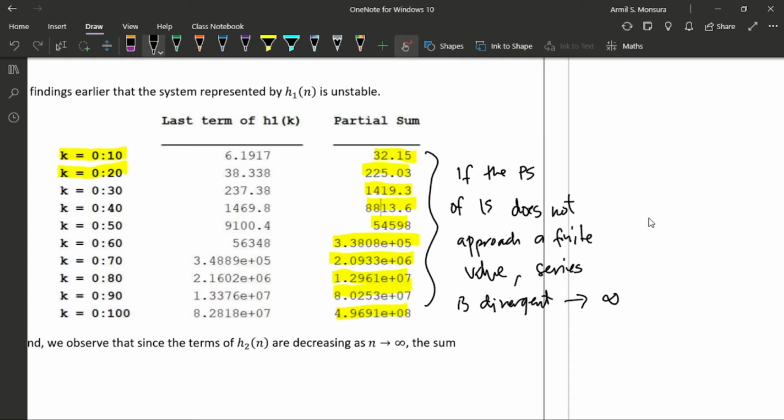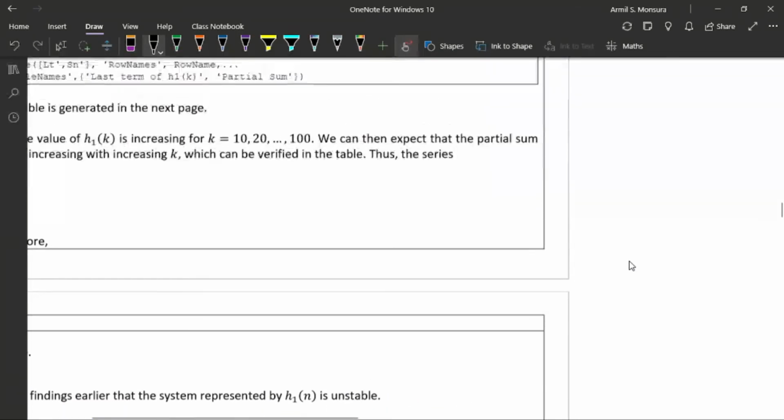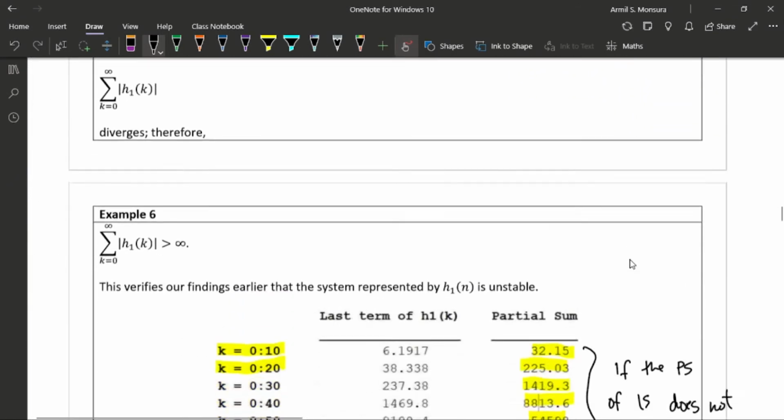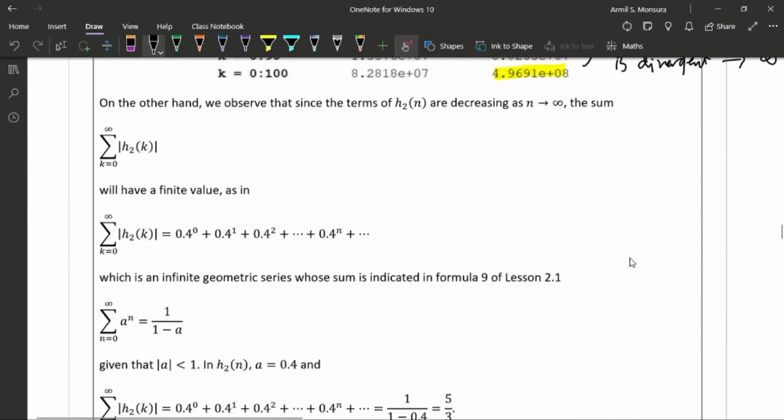So that means that your h1[n] again is not absolutely summable. So again, it points to an evidence that your h1 is not stable.